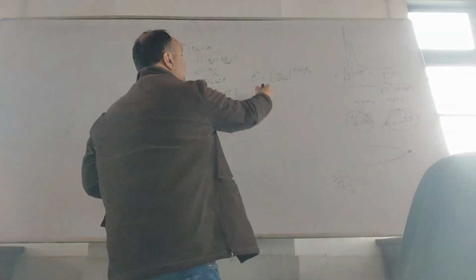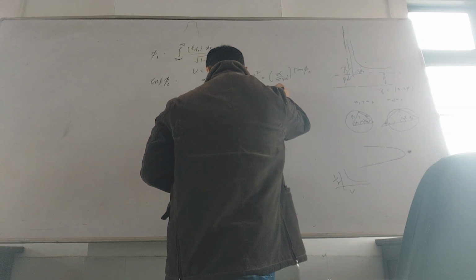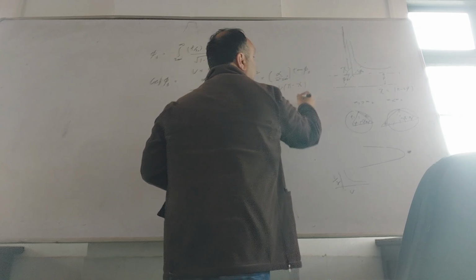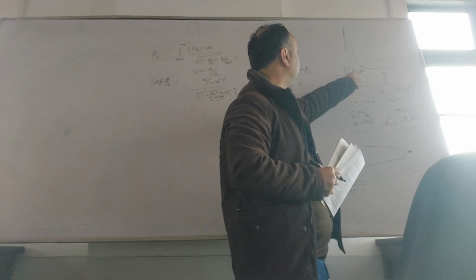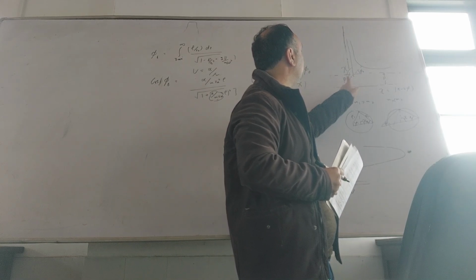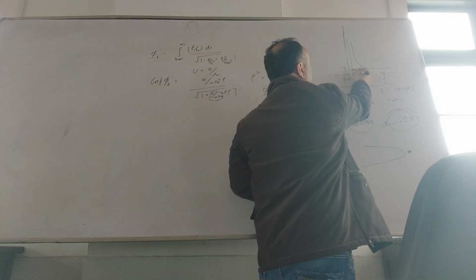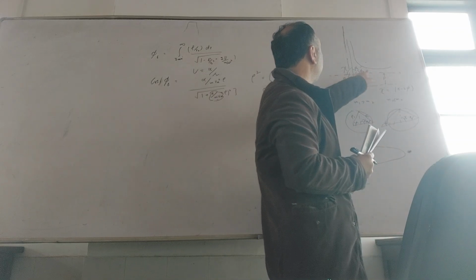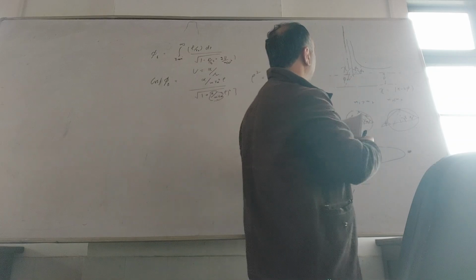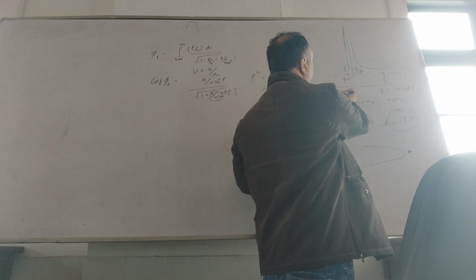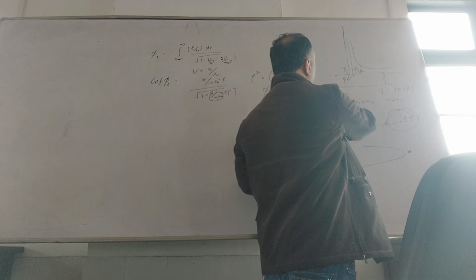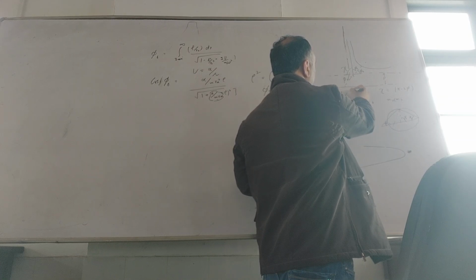And phi naught is equal to 1/2 pi minus chi. I said this last time, this is phi, so this will also be phi naught. So this will be twice pi minus chi plus twice pi naught is equal to 2 pi.